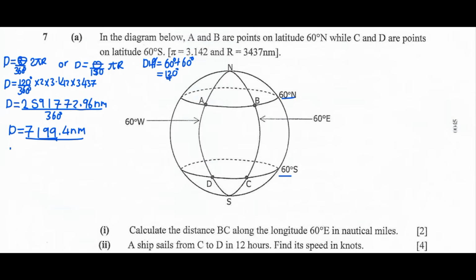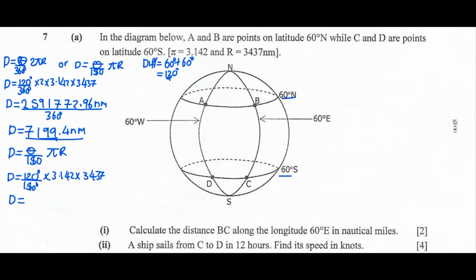Now let's also find the same distance, but we now use theta divided by 180 times pi r. So distance is equal to, the theta is the same, 120 over 180 times 3.142 times radius 37. So what's our distance? Let's do the calculations.